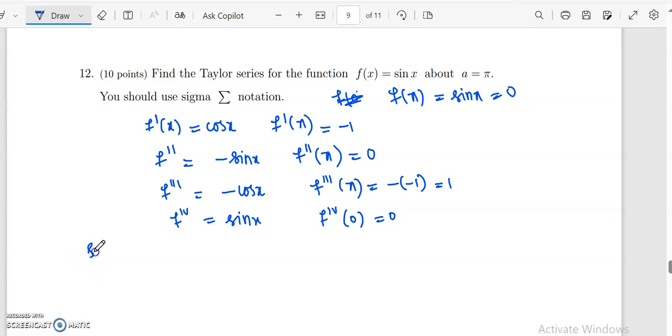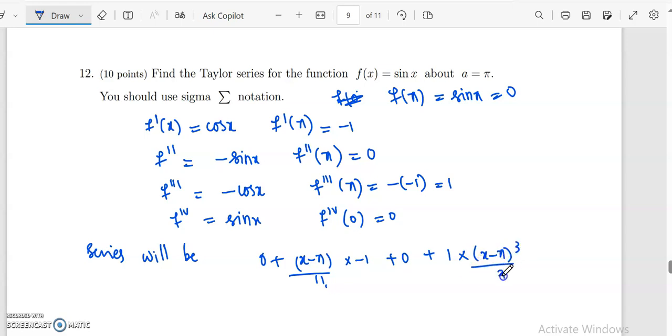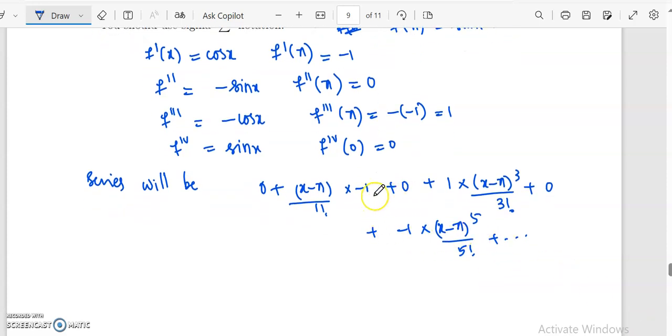So the series will be, first term will be 0, then the second term will be x minus pi by 1 factorial into minus 1, then the third term will be 0, then the fourth term will be 1 into x minus pi whole cube by 3 factorial, then the next term will be 0, again the next term will be minus 1 into x minus pi whole raised to 5 by 5 factorial plus etc. So the signs are negative, then positive, negative, and so on.